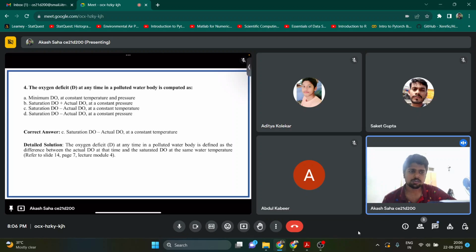But here, for calculation purpose, we are saying that saturation DO minus actual DO at a constant temperature will be defined as my oxygen deficit. So, as per definition, we are going. If it were defined as at constant pressure, then it would be the same, because with pressure also the DO can change.